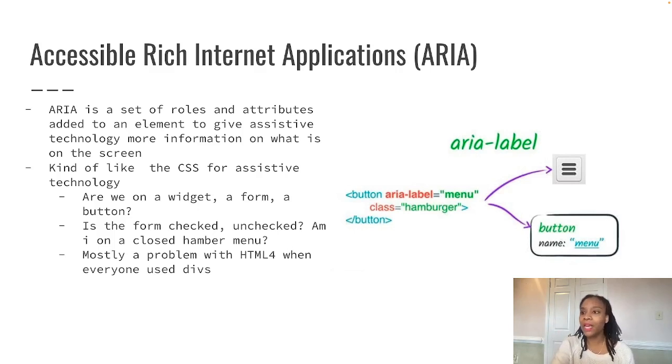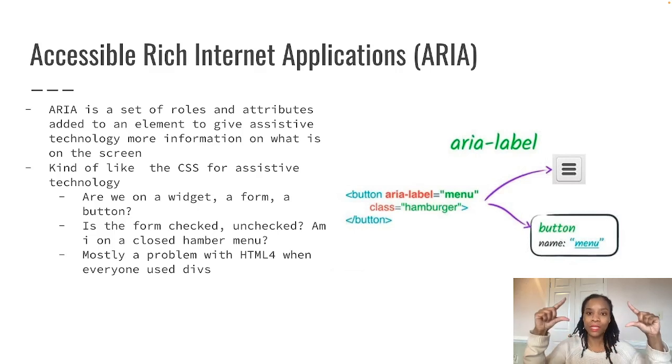ARIA was mostly made when HTML4 was out and they didn't have all the extra semantic HTML things that we can use now. Kind of like when everyone was using a div, but now we know, hopefully, that if we stuff everything in divs, that makes things pretty confusing.